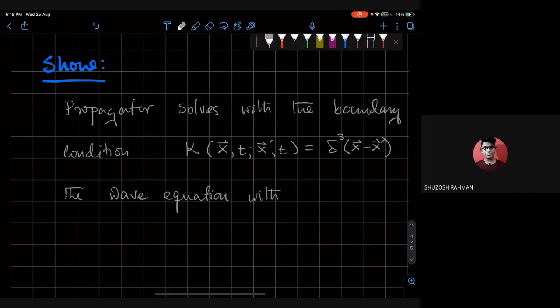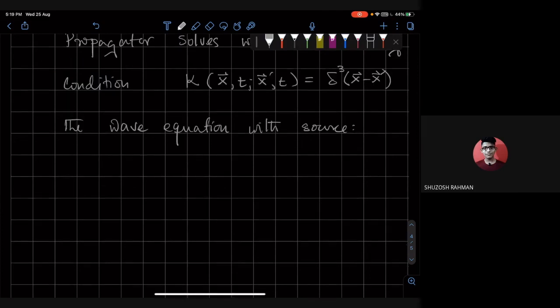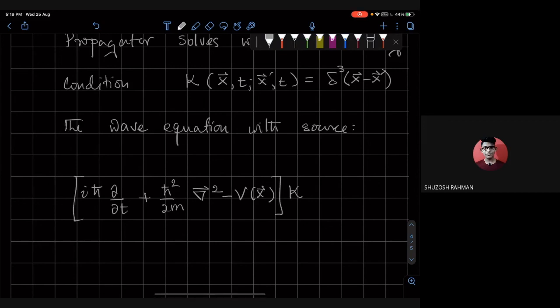With source. And that equation is the Schrodinger wave operator, that's i h bar d by dt plus h bar squared by 2m gradient squared minus the potential energy, acting on the propagator.